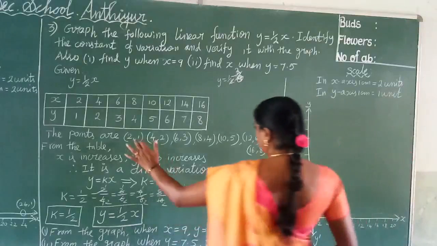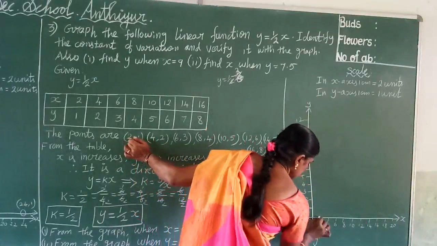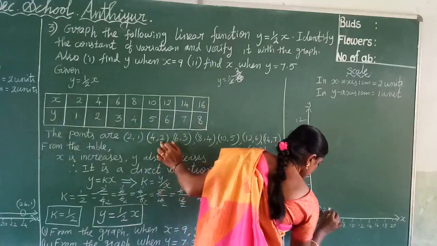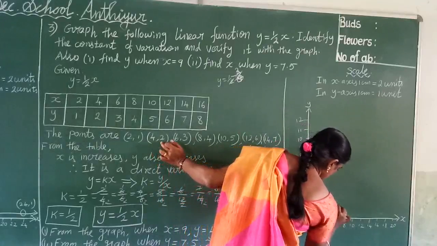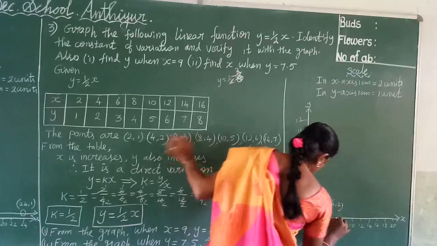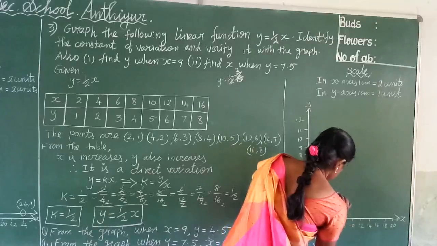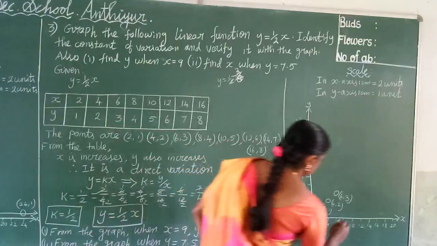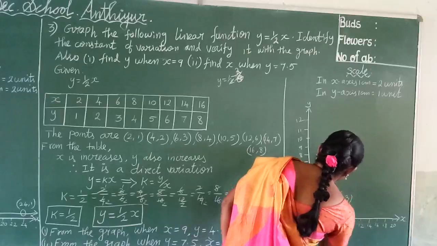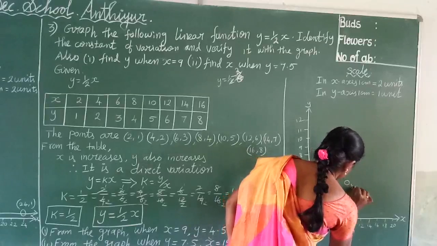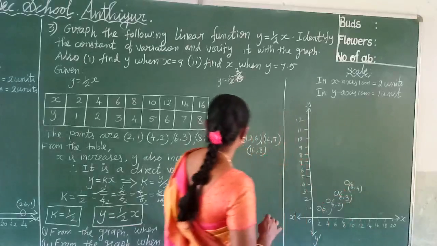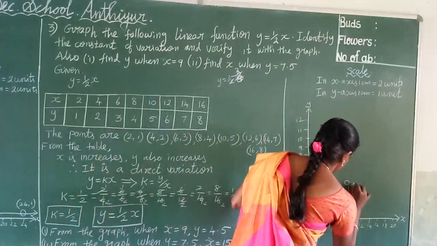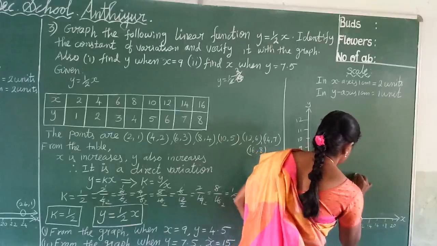First mark the points (2, 1): x-axis 2, y-axis 1. Next (4, 2). Next (6, 3). Next one (8, 4). Next one (10, 5).